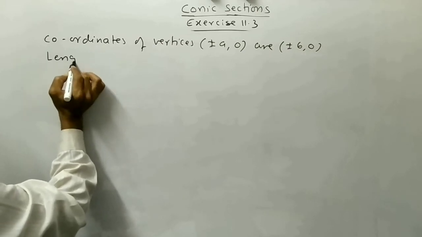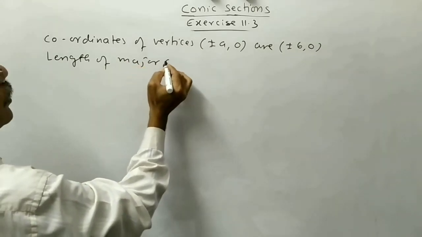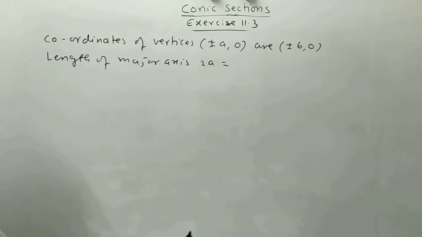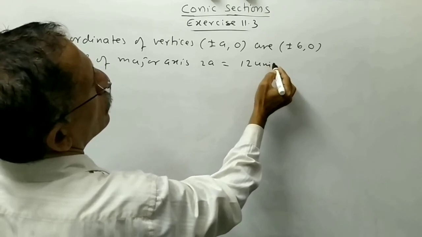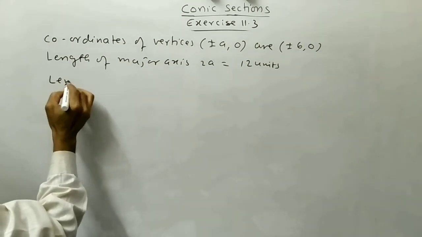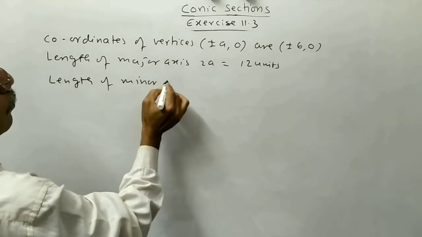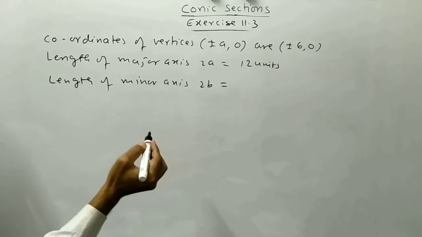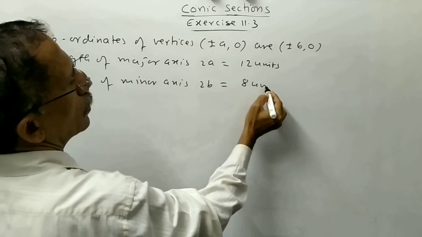Length of major axis 2a is equal to 12 units. Length of minor axis 2b is equal to 8 units.